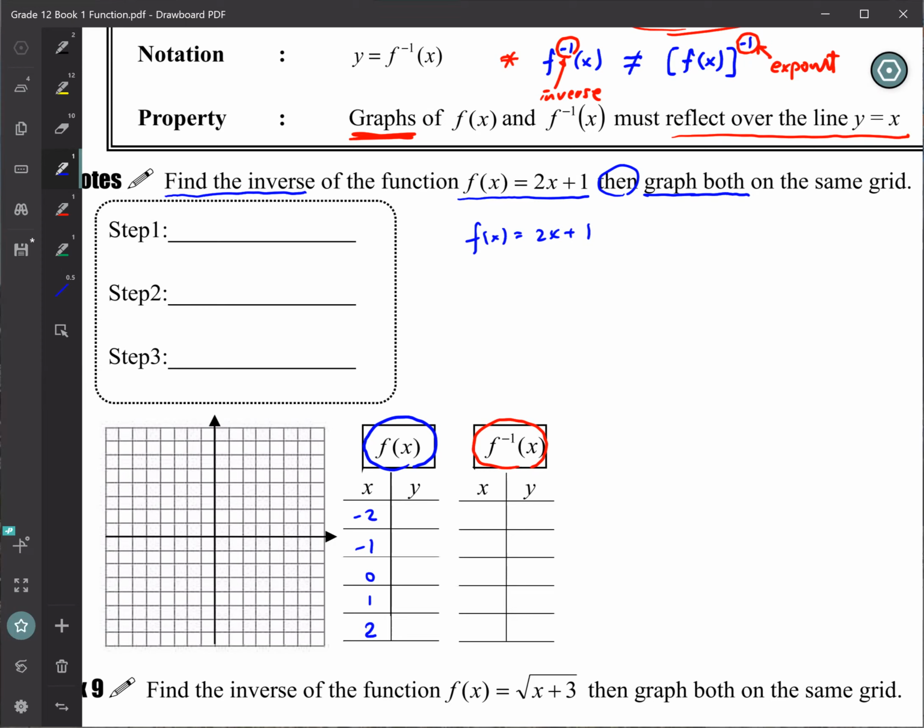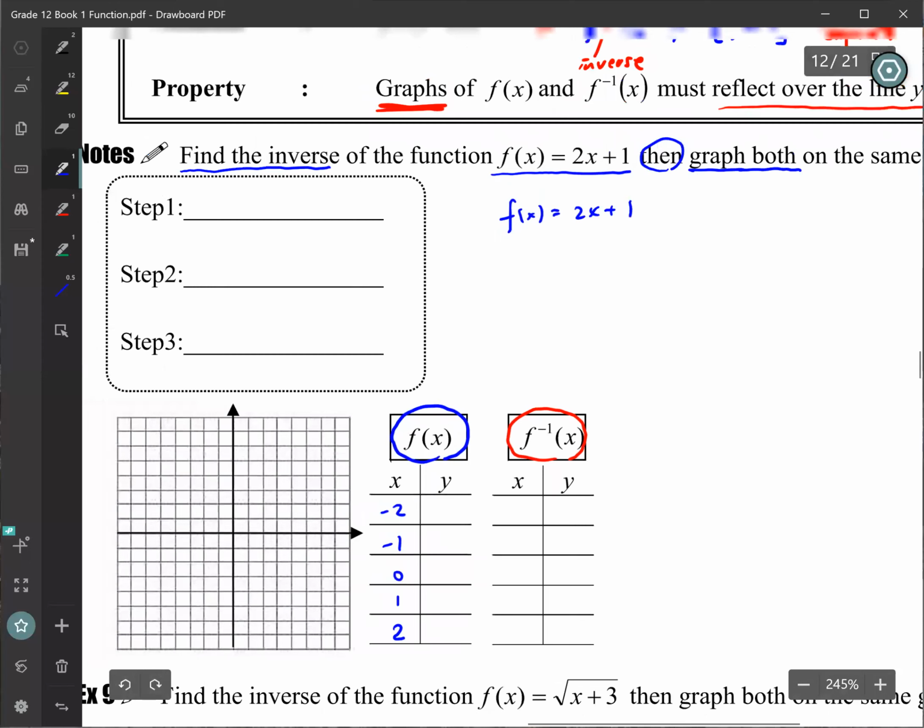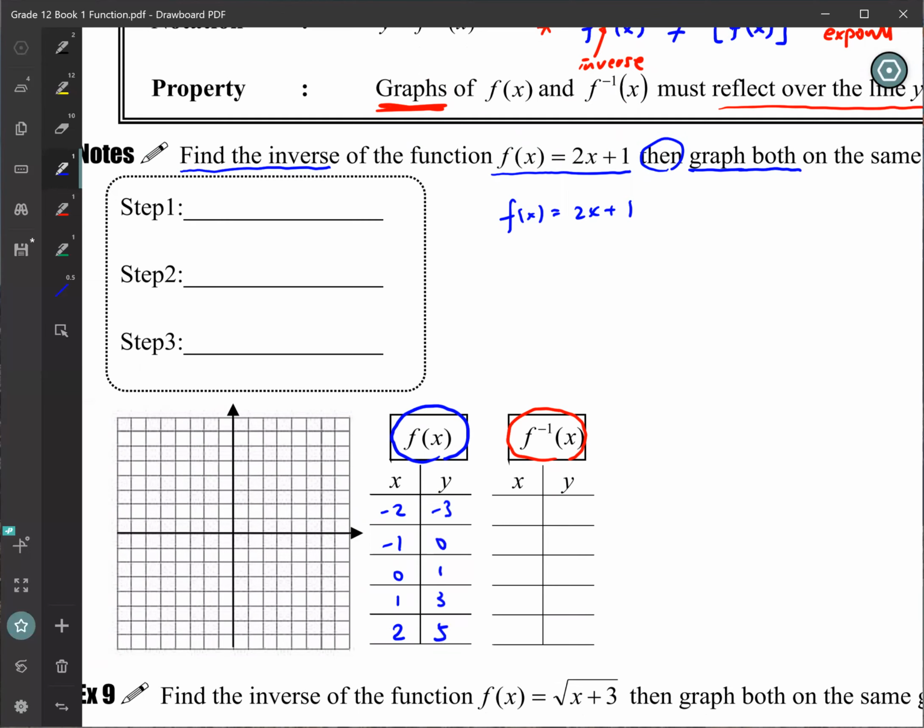Catherine, Ray, are you done? Okay, Ray, can you tell me your y values? I don't know if it's correct, but -3, 0, 1, 3, 5. Okay, how about you, Catherine? I got -3, -1, 1, 3, and then 5.